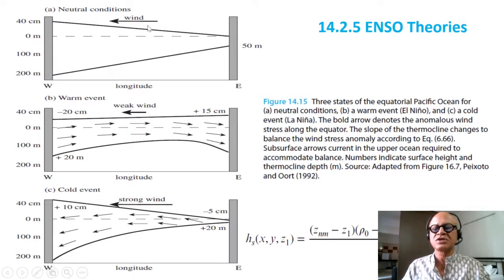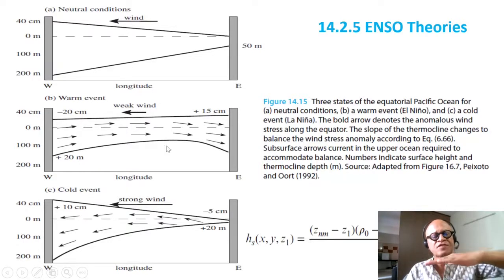Bold arrows denote wind anomalies, which, during neutral conditions, are balancing the sea level slope with the thermocline slope. During El Niño, you have weaker winds, so you have shallowing and flattening of the thermocline.